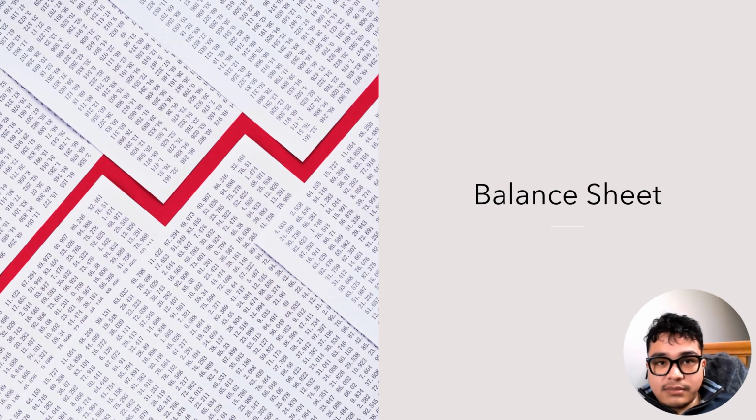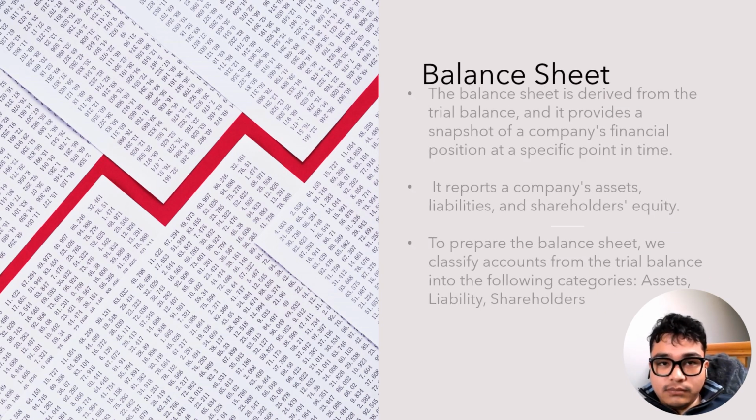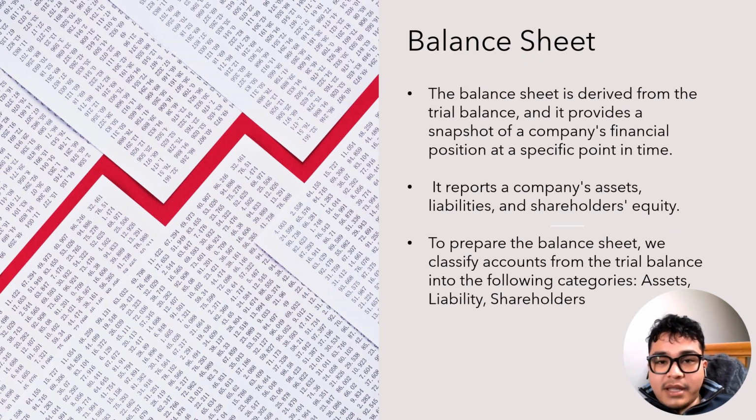Now let's look at the balance sheet. The balance sheet is derived from the trial balance and it provides a snapshot of the company's financial position at a specific point in time. It reports the company's assets, liabilities, and shareholders' equity. To prepare the balance sheet, we classify accounts from the trial balance into the following categories, which are assets, liabilities, and shareholders' equity.